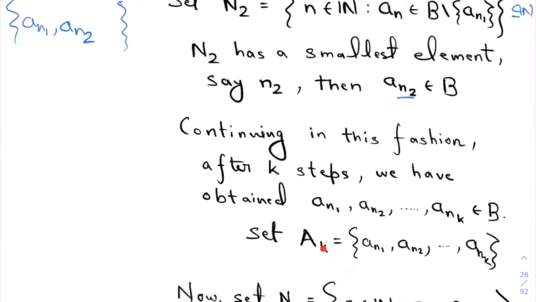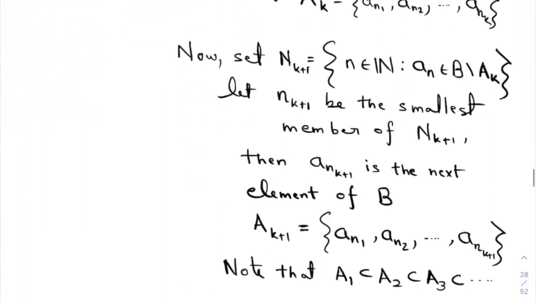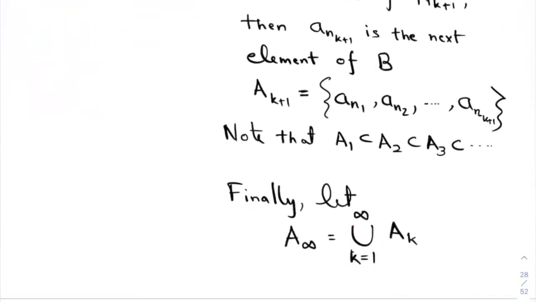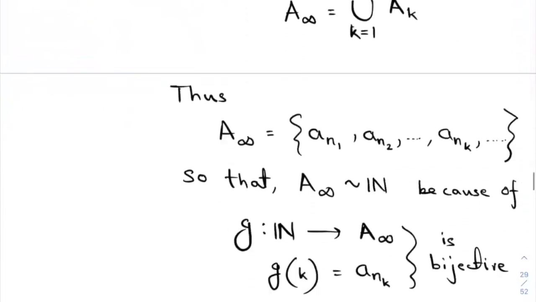So this A k will be contained in A k plus 1. The next term is A of n k plus 1. And therefore, A infinity is nothing but the union of all the A k from k equals 1 to infinity. That's it. So my next claim is that this A infinity accounts for all the elements in B.